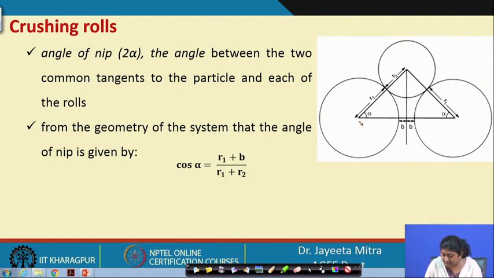For this, we consider this distance and this distance, and based on that we make the calculation. So, cos alpha equals r1, that is the radial distance, plus b, the gap, divided by r1 plus r2.